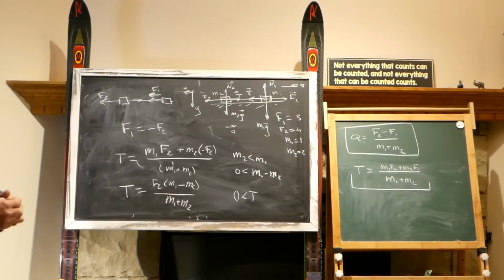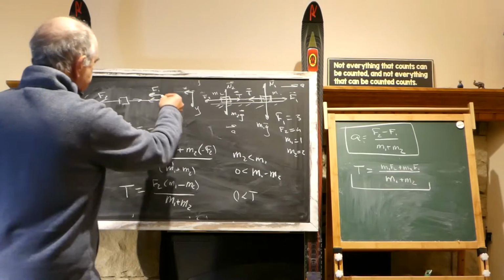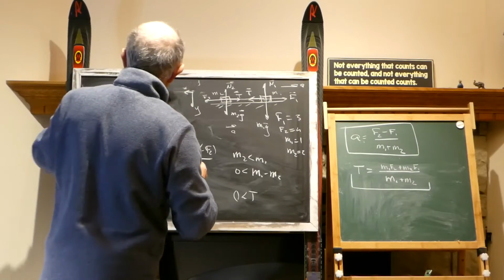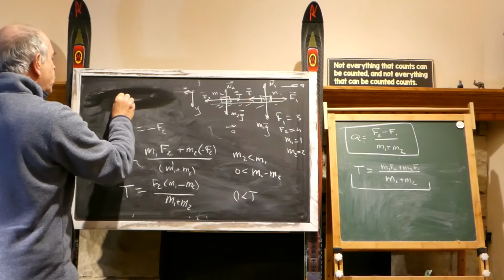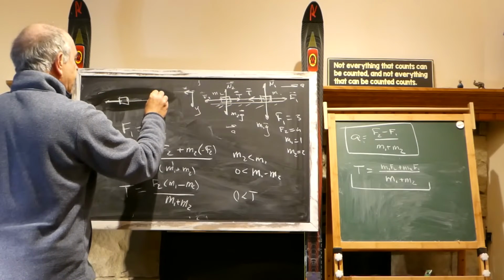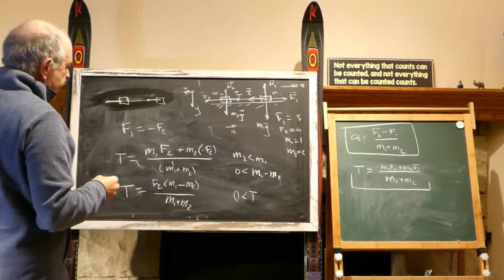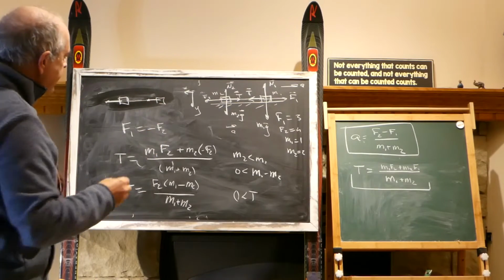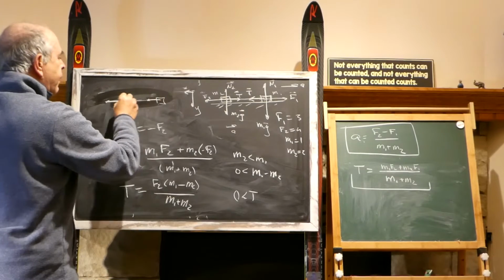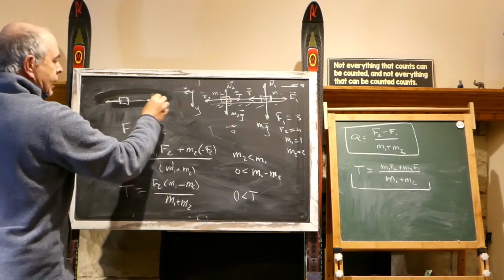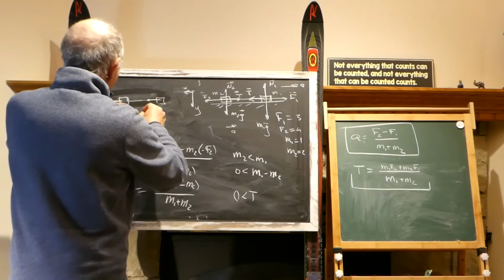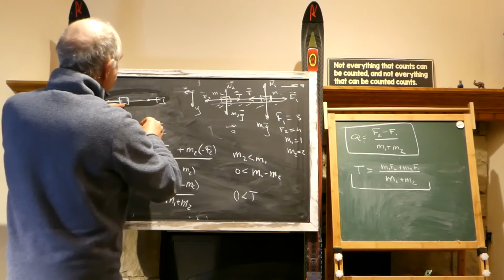And again, that makes a lot of sense, because if we're pulling here with two identical forces, this and the same force here, right? The thing is that this thing cannot accelerate faster than that. This mass has to be smaller.